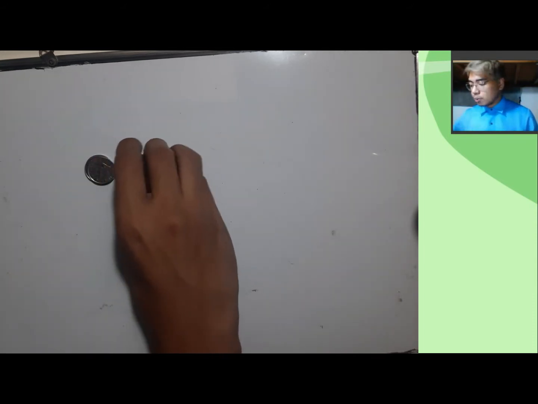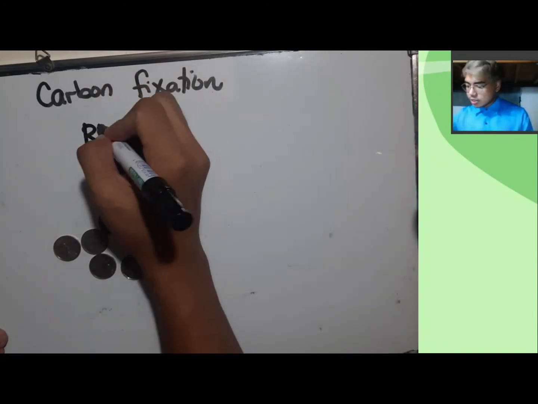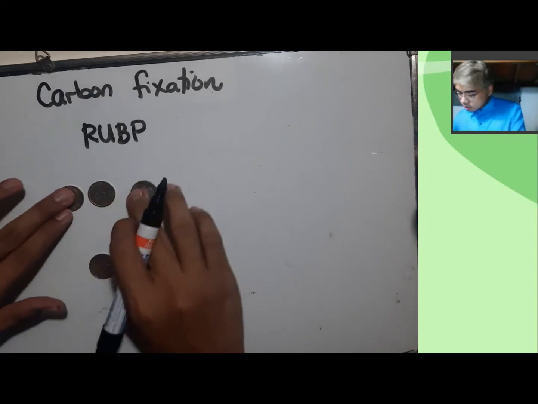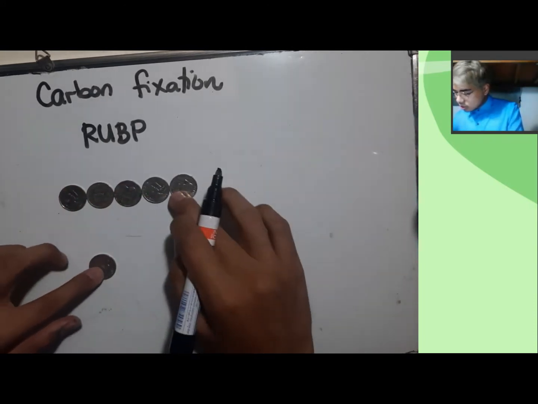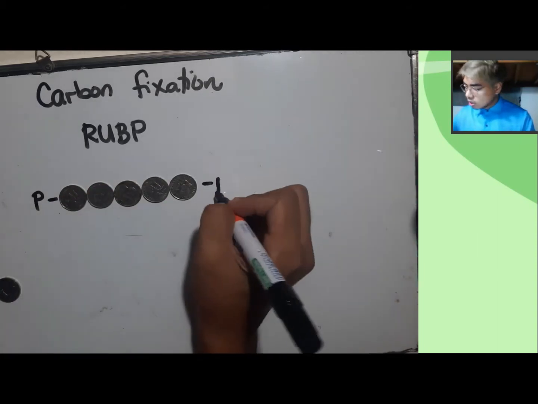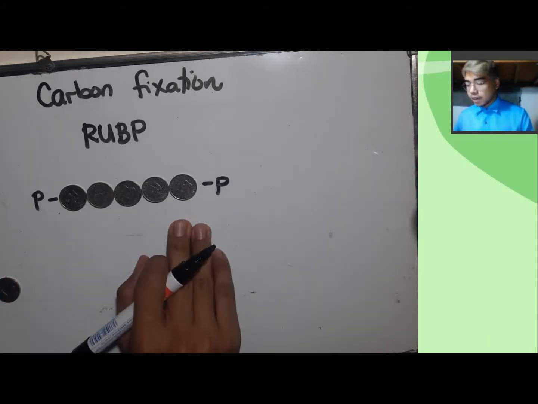Okay, so now let's consider the Calvin cycle utilizing coins. For me to properly discuss how the Calvin cycle happens, let's represent every carbon backbone with a coin. In the case of carbon fixation, remember it is the presence of the RuBP, or ribulose 1,5-bisphosphate, which is a 5-carbon compound possessing a phosphate group on carbon number 1 and carbon number 5.